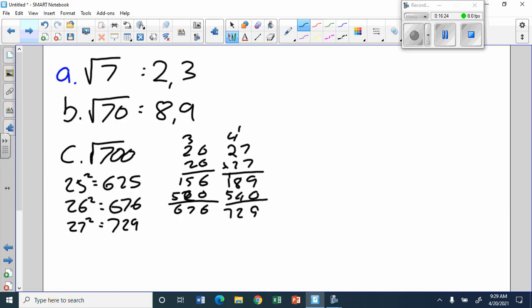So the square root of 700 is between what two whole numbers? 26 and 27. That'll really be about the extent of it.